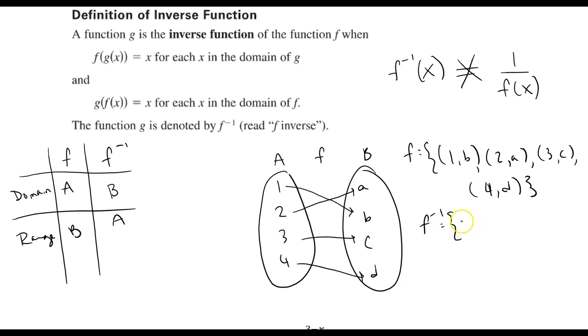So that would contain the ordered pairs b1, a2, c3, and d4. So you can see if xy is an ordered pair of f, then yx is going to be an ordered pair of f inverse.